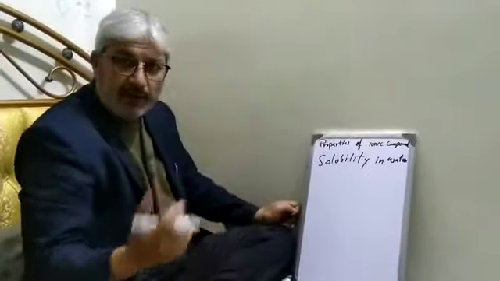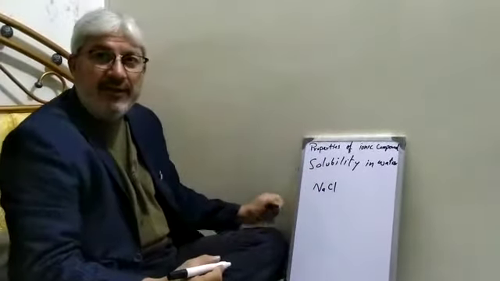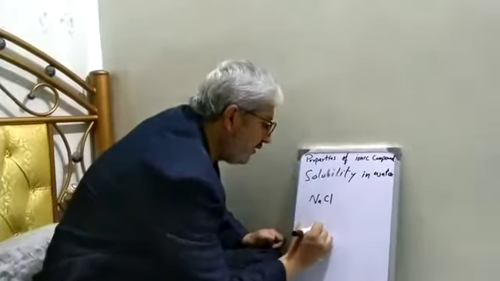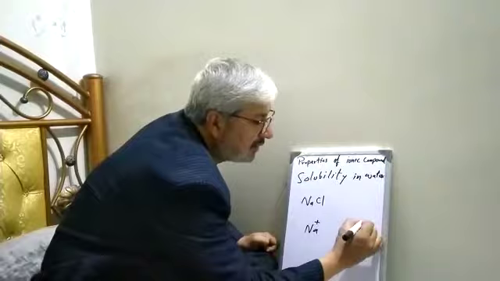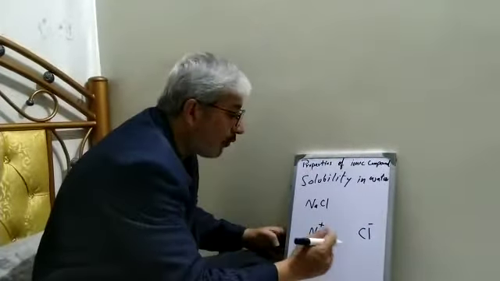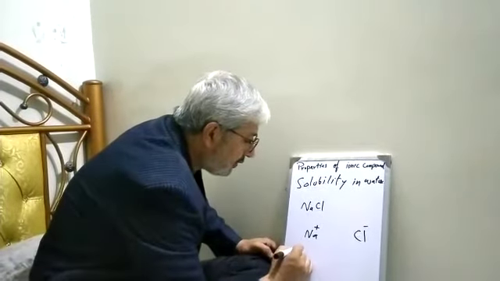Now let us take the example of sodium chloride again. When we dissolve sodium chloride in water, what happens? It changes into sodium positive ions and chloride negative ions in water. And water surrounds them with the opposite charges.